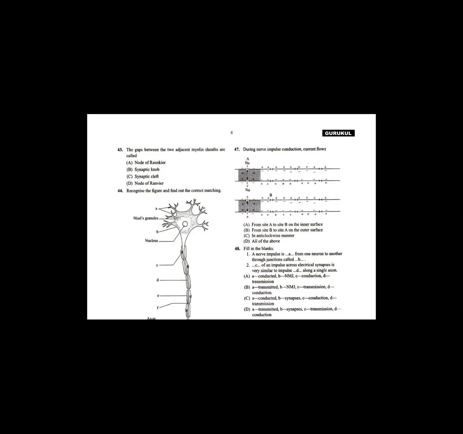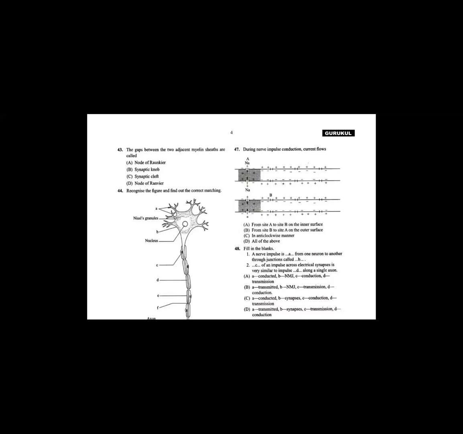So that is the site where the inner side becomes positively charged and the outer side negatively charged. At this point the impulse will be generated, and it is going to be conducted in a certain way. Statement A says from site A to site B on the inner surface. Yes, from positive to negative, on the inner side it is site A to site B. What about B?